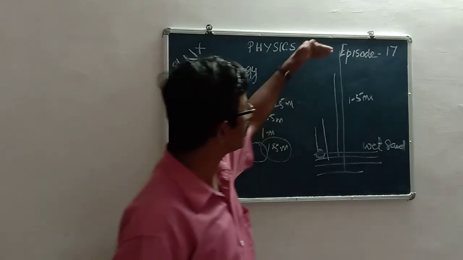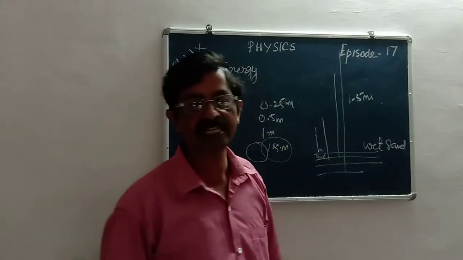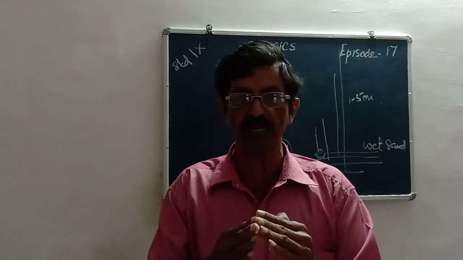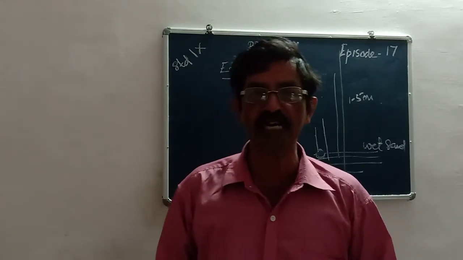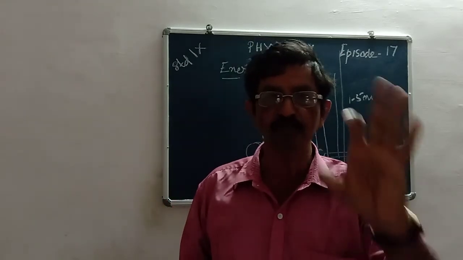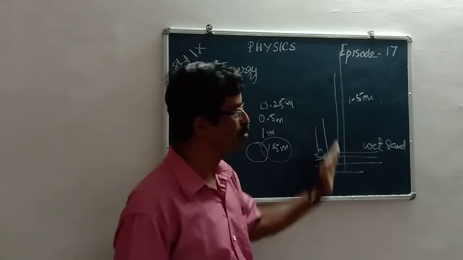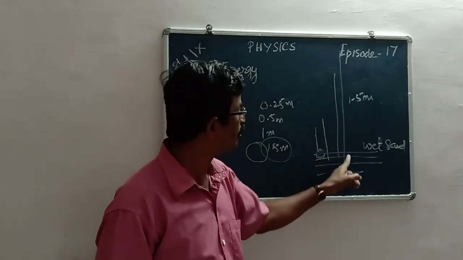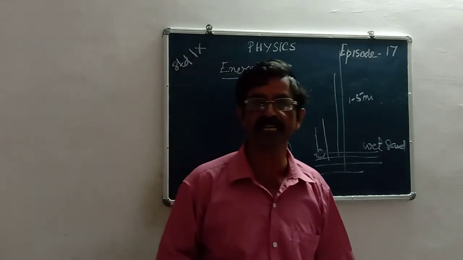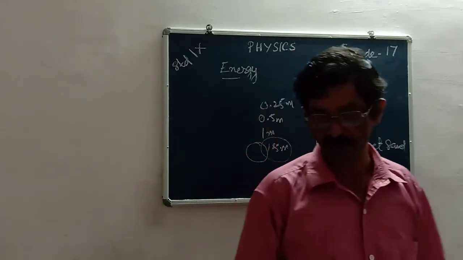But when we drop it from a height of 1.5 meter, the energy of that ball due to its motion becomes very large. So the pit formed here becomes the deepest one.